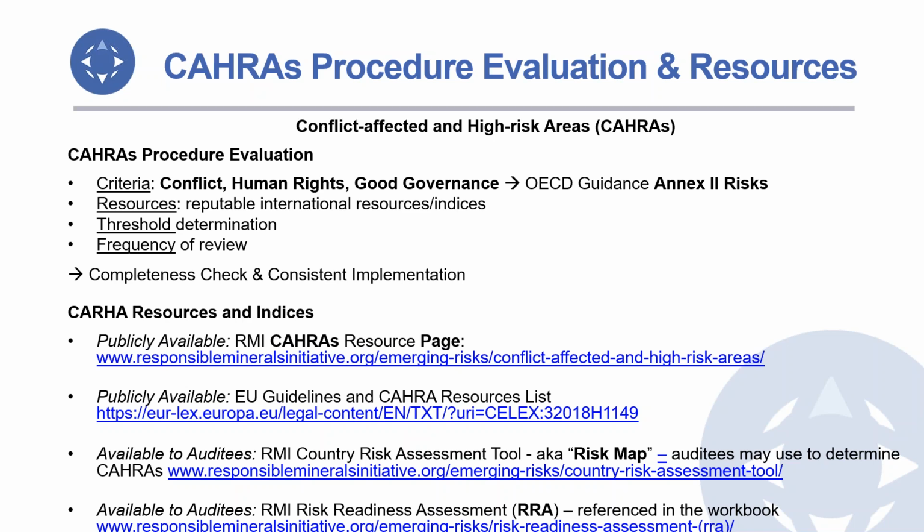Smelters and refiners that participate in RMI programs do have access to this. So if they're not aware, you could mention it to them, or if they tell you that they're using the RMI country risk assessment tool or country risk map, you'll know what they're referring to.